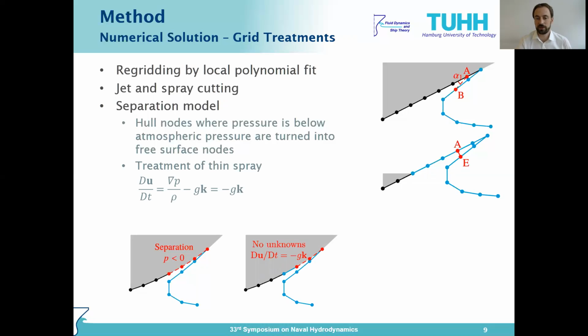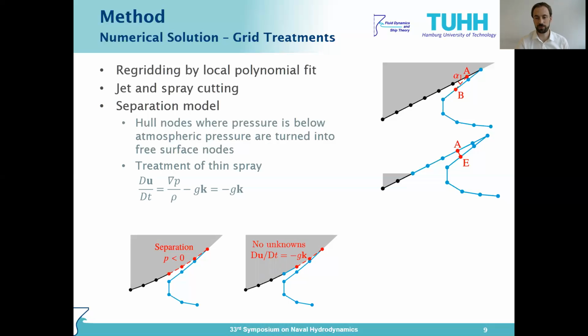Thereby, it is assumed that there is ventilation happening due to the pressure difference between the free surface and the hull surface. It may happen, and then the hull nodes for which this is the case are simply turned into free surface nodes.